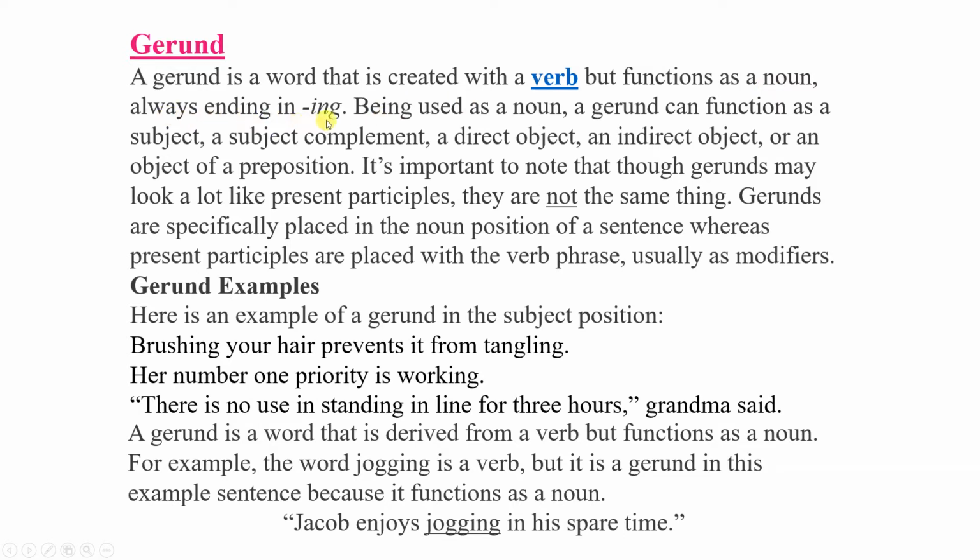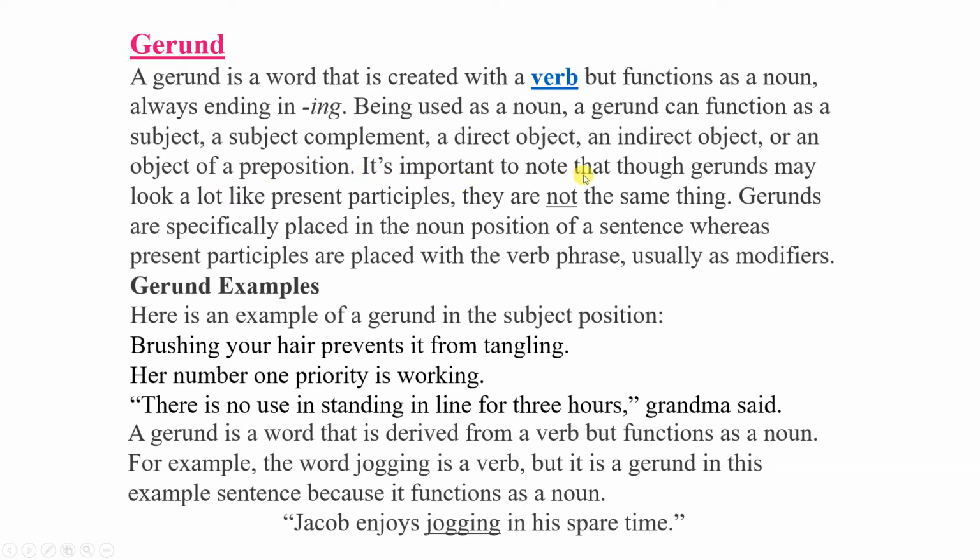Always ending in ing. So gerunds are always ending with ing. Being used as a noun, a gerund can function as a subject, a complement, a direct object, an indirect object or an object of a preposition.